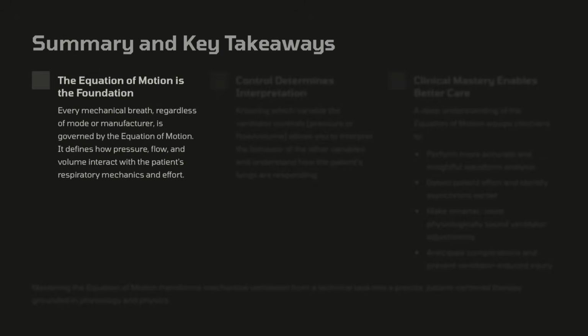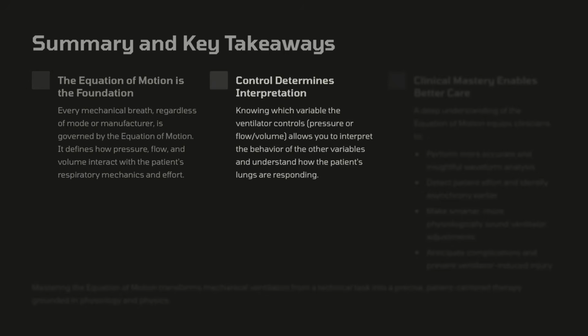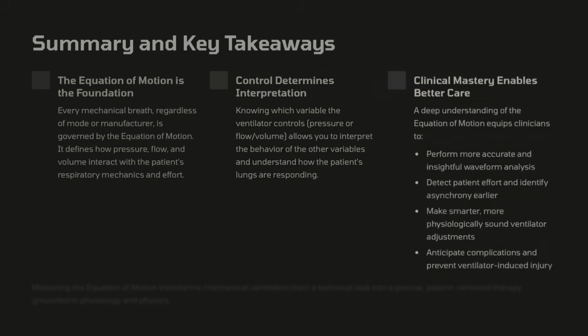So to summarize, the equation of motion is the foundation for mechanical ventilation. Control determines interpretation. Knowing which variable we are controlling on the ventilator allows us to interpret the behavior of the other variables and understand how the patient's lungs are responding.